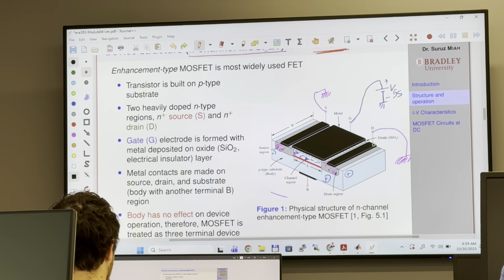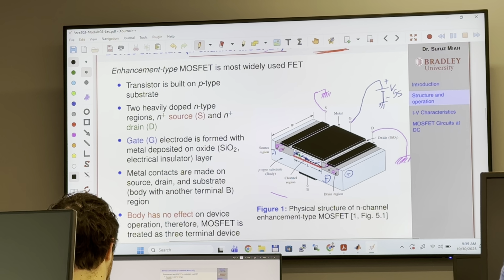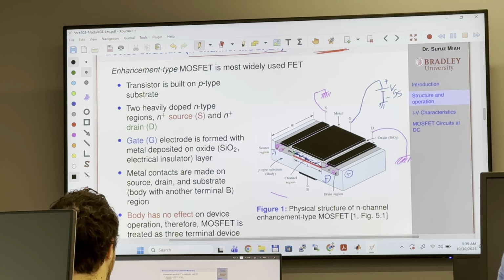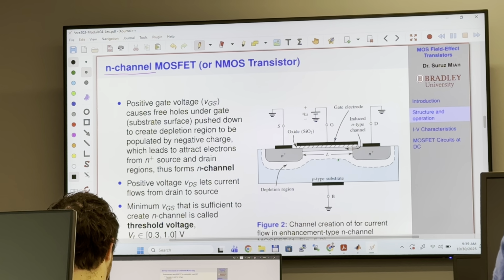So this is the current direction. Current will flow from drain to source, and because there is a channel of N-type material here, electrons flow in this direction. This is exactly shown in this figure.